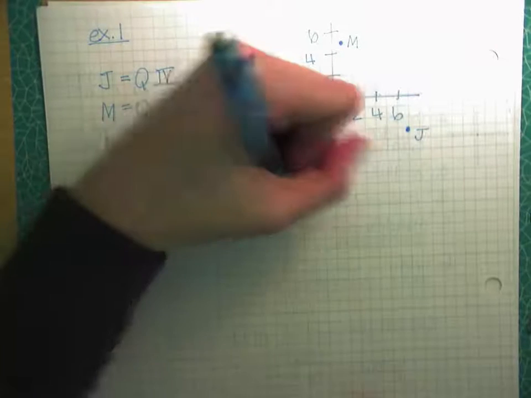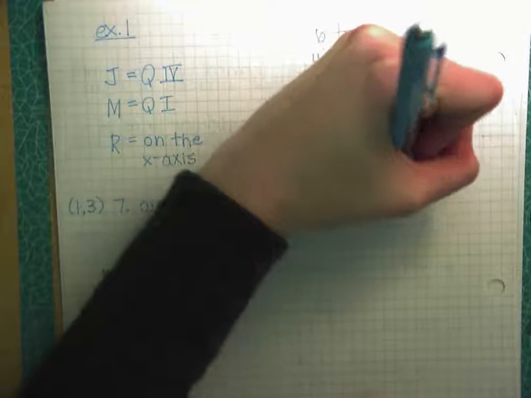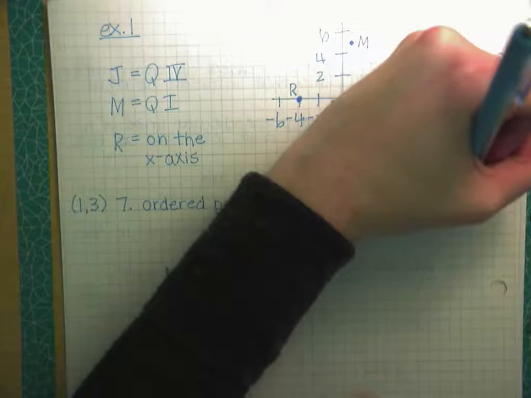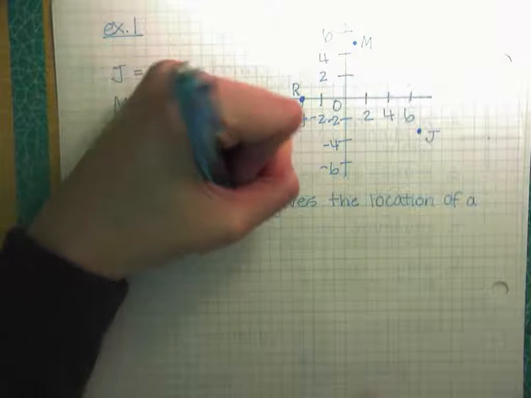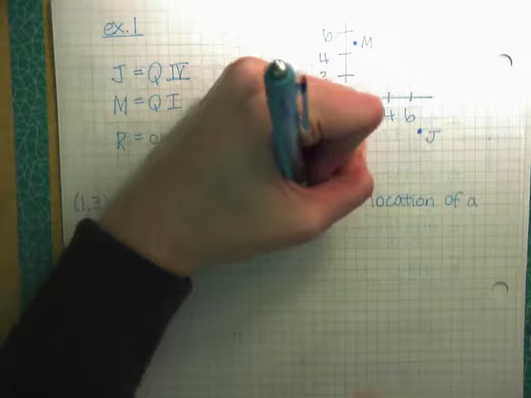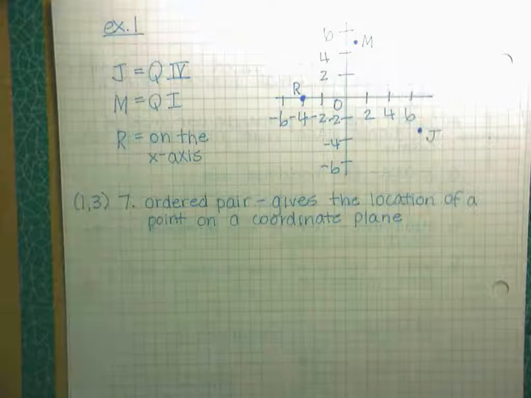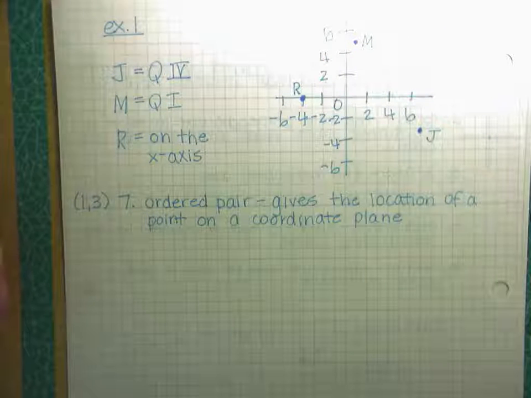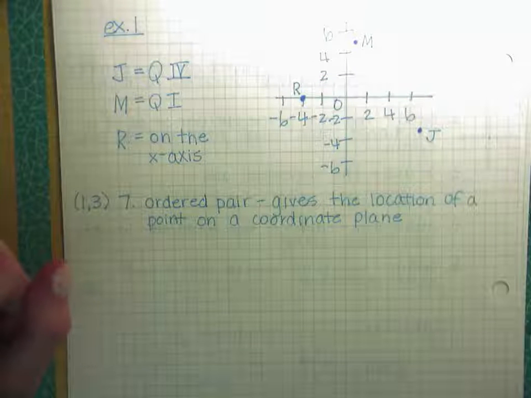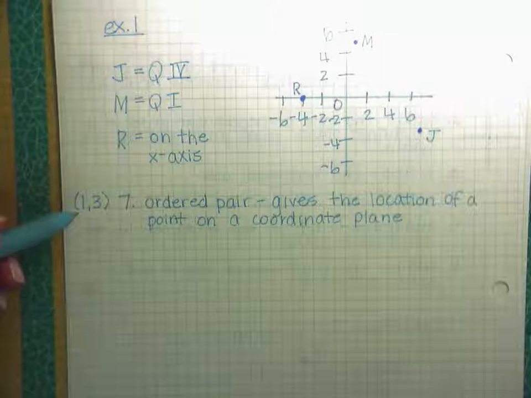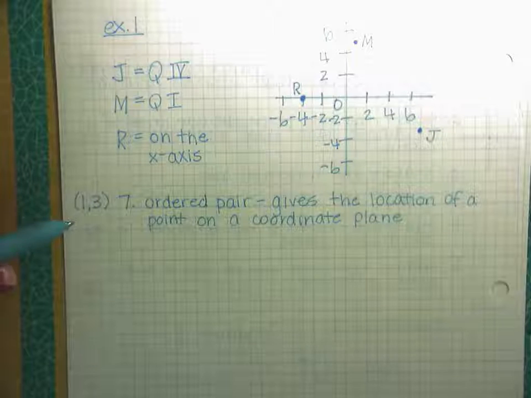And this ordered pair gives the location of a point on a coordinate plane. So for this ordered pair, we would be able to use it to figure out where that point lies on the coordinate plane.